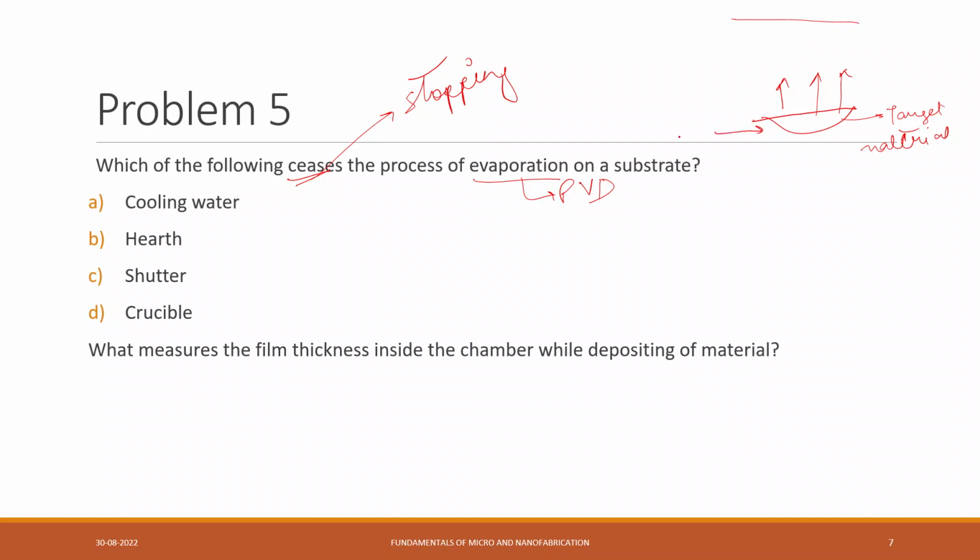Some heat is given. You are heating the target material, and this molten material is going up and sitting on the surface. But you want to stop the process in between. So how shall you do it?